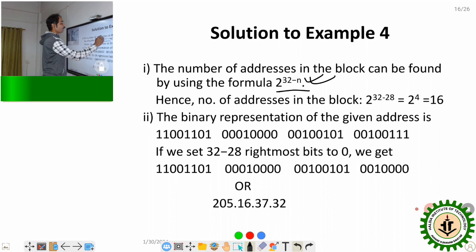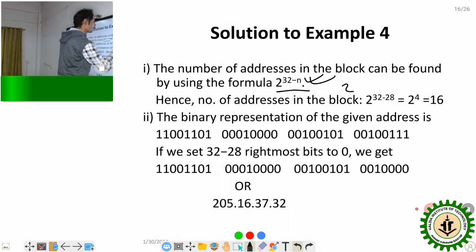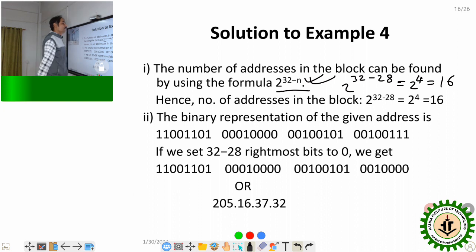Once we find 32 minus 28, it is done in the next line. So 2 to the power 32 minus 28 is equivalent to 2 to the power 4, which is 16. So it is clear that there are 16 addresses.